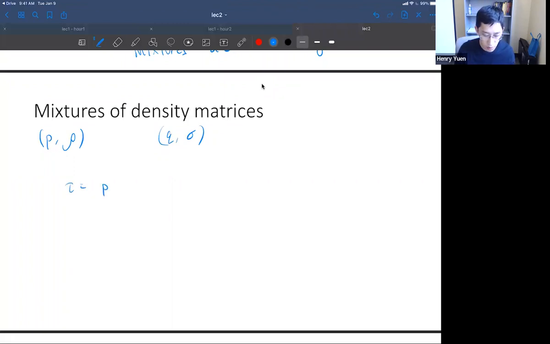Very naturally, it's the linear combination of those two density matrices. P and Q are numbers, rho and sigma are density matrices, and this is going to be another density matrix.